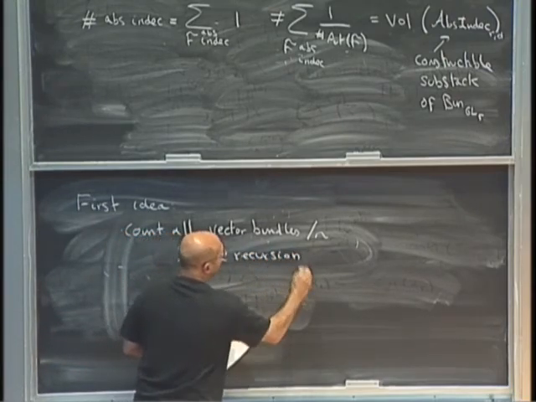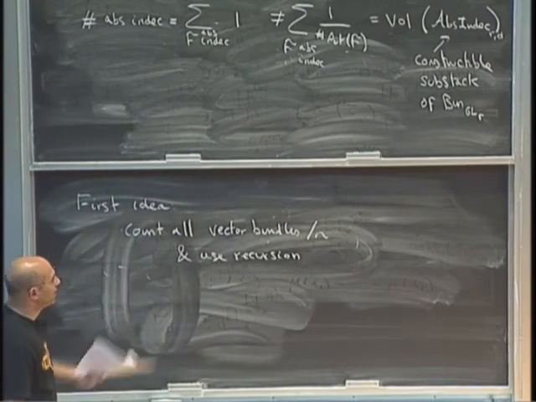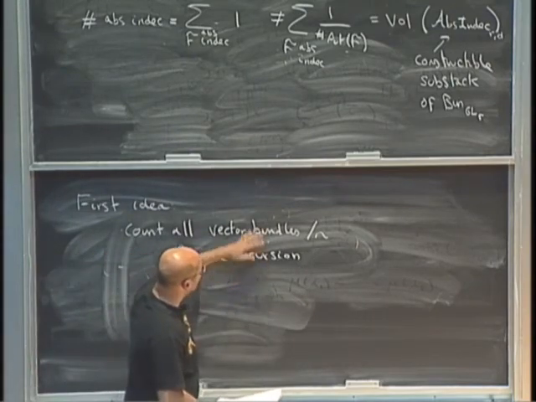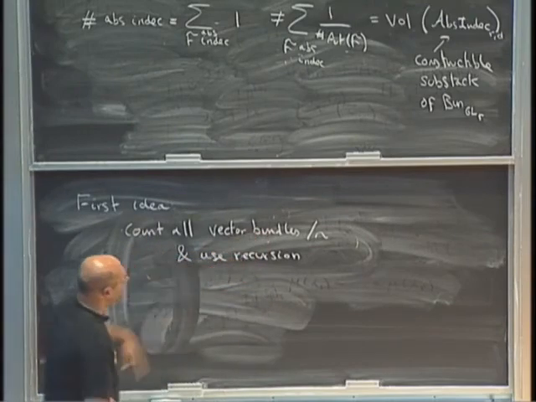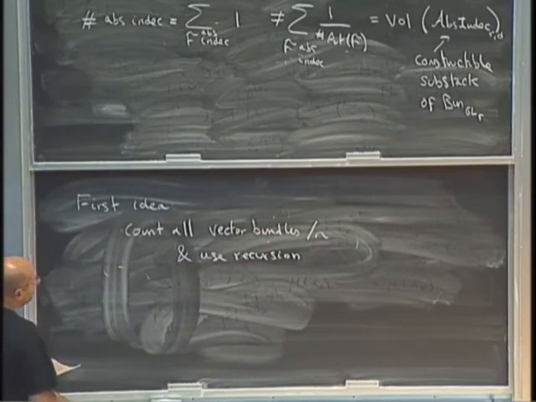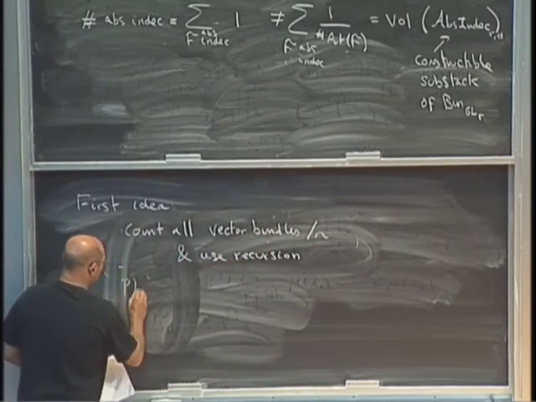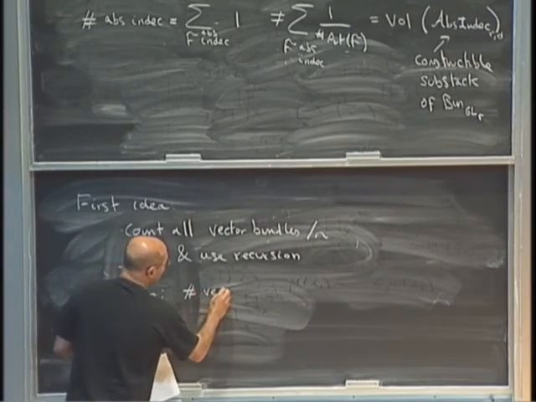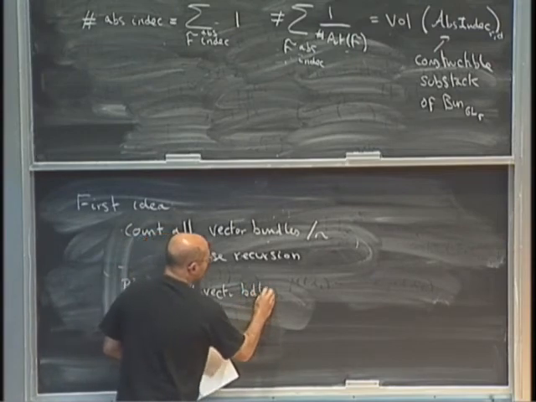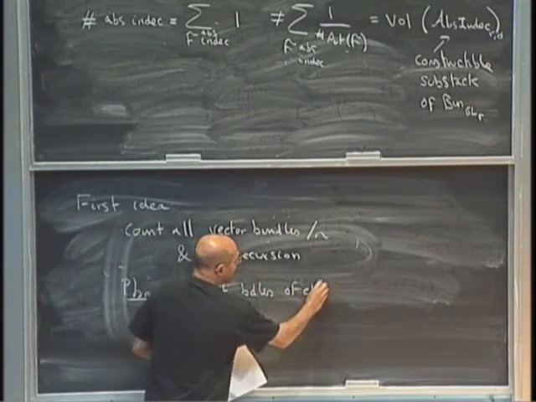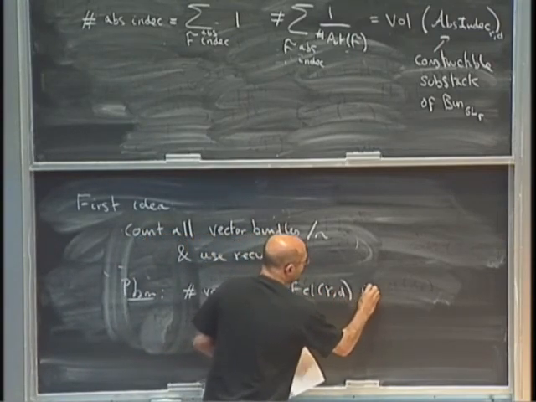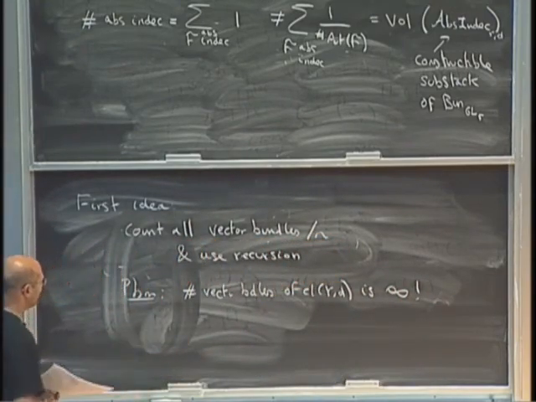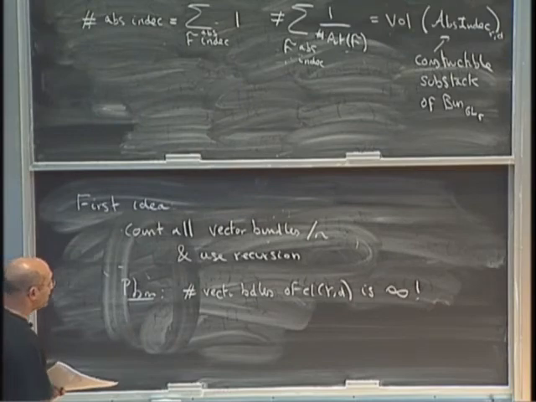Kind of like the Harder-Narasimhan recursion, except that now we are not counting semi-stable bundles, but indecomposable bundles. So you can try to do that, but the problem, which you run into immediately, is that the number of vector bundles of given class is infinite. So it's hard to do something with that.